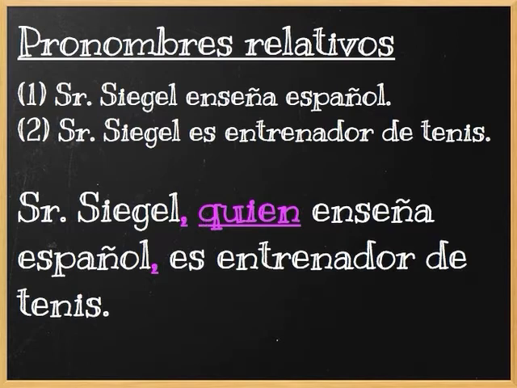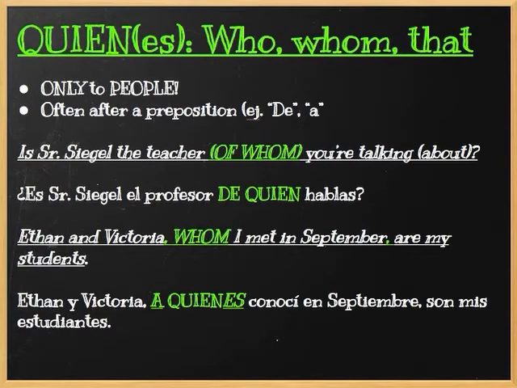You could say que there as well. So just to make sure, quién only applies to people. So is Señor Siegel the teacher of whom you're talking? ¿Es Señor Siegel el profesor de quien hablas?